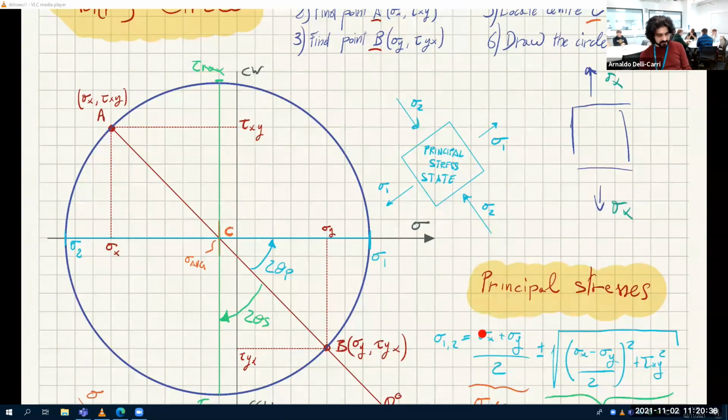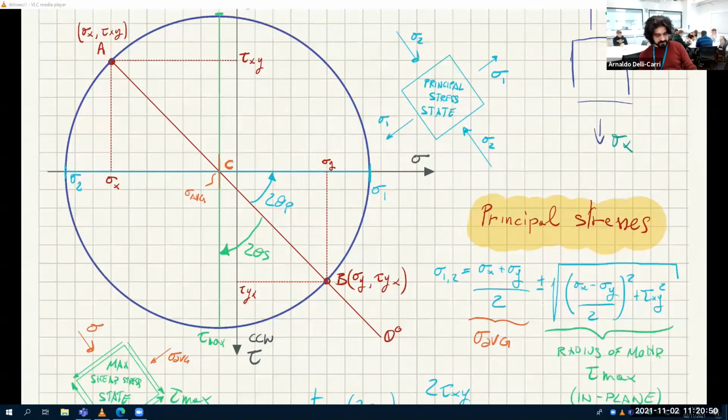This becomes sigma x divided by 2 plus sigma x divided by 2. Sorry, we're looking at the largest shear stress. So tau max is this. So this is the square root of sigma x squared divided by 4 plus 0. The square root of sigma x squared divided by 4 is sigma x divided by 2.